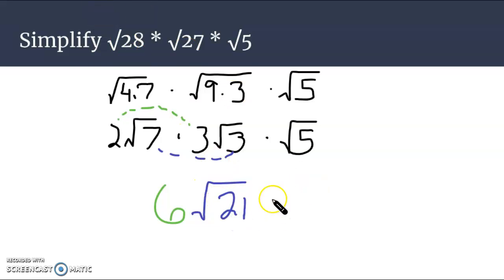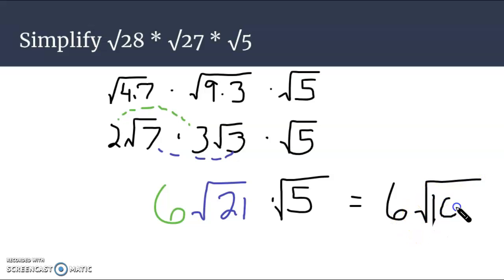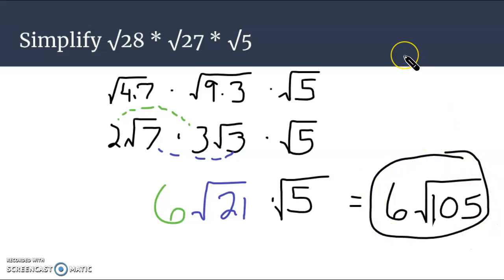And we're still multiplying by square root of 5. So 6 is by itself, and then we can go ahead and multiply 21 times 5 to get 105. 105, yeah, it is divisible by 5. Unfortunately, no other factors of 105 simplify, so this is in fact our simplest answer here. 6 times the square root of 105.